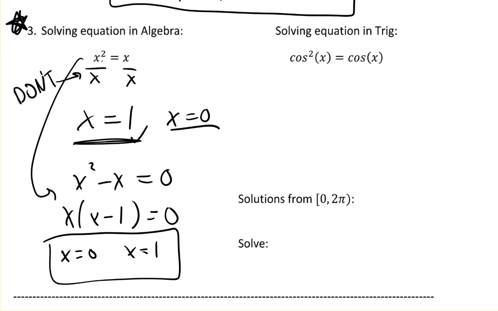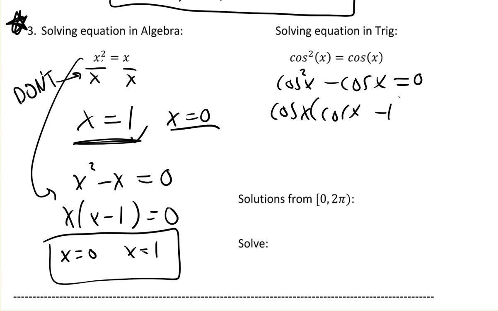So if you approach this one by dividing both sides by cosine, then yeah, you might get some of the right answer, but you're not going to get the whole thing. You need to subtract the cosine over, just like I subtracted the x over. You should factor out the GCF, just like I factored out this GCF.